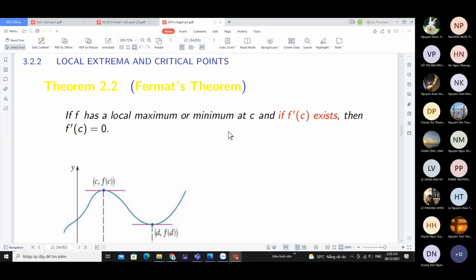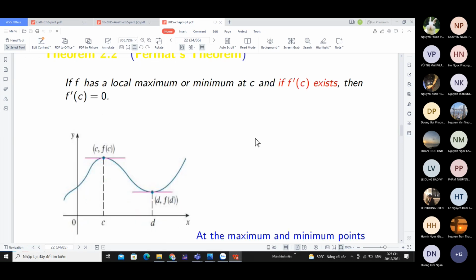It means that the tangent line to the graph of f at that point must be parallel to the x-axis.